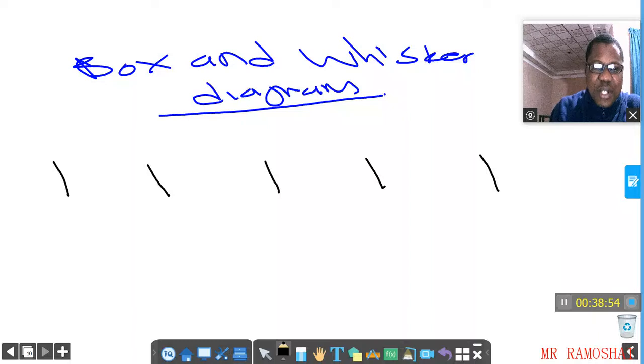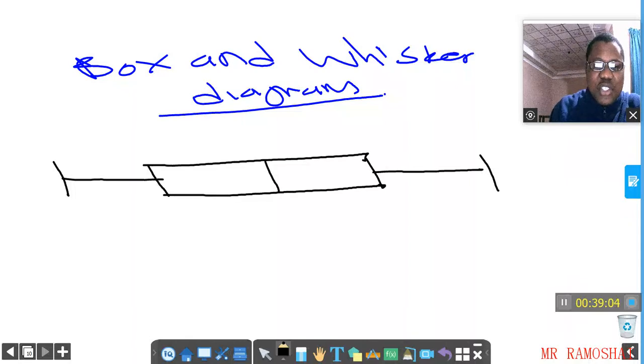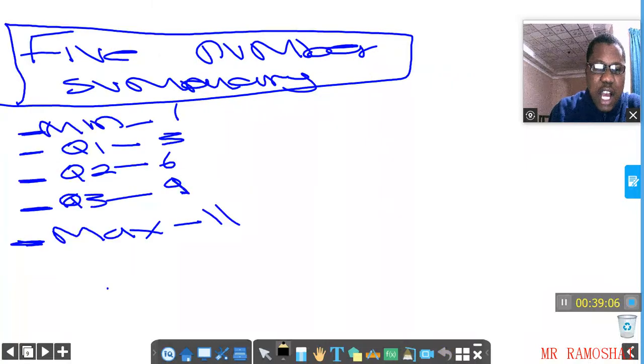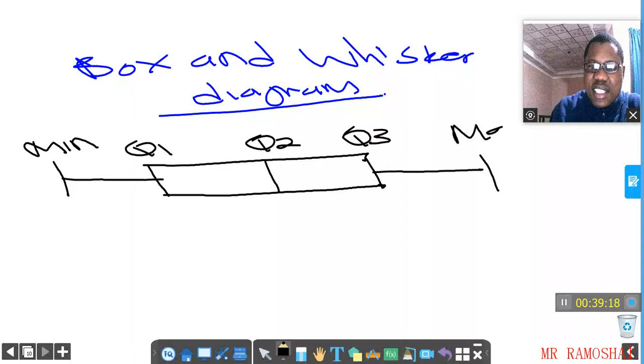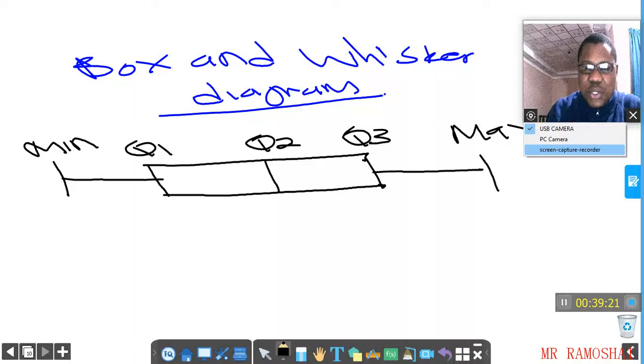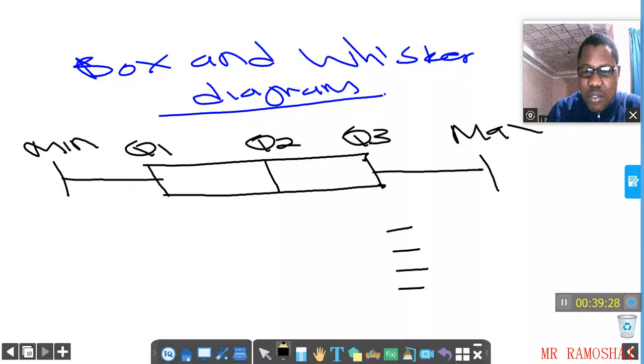Then we're going to draw a line here, and a line here, and a line here, and a line here. So in the 5 number summary, our first number here is the minimum. So this is minimum, Q1, Q2, Q3, and maximum.